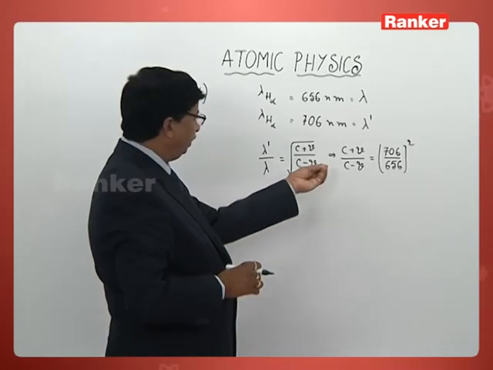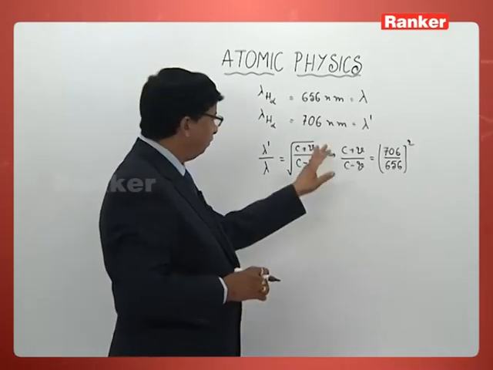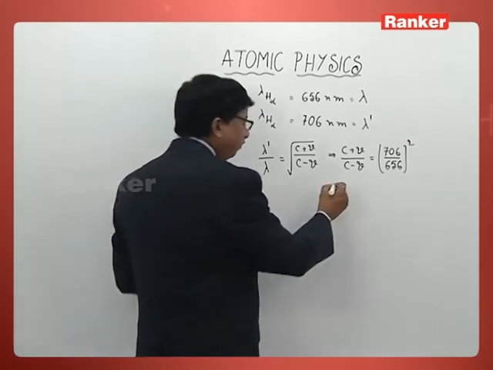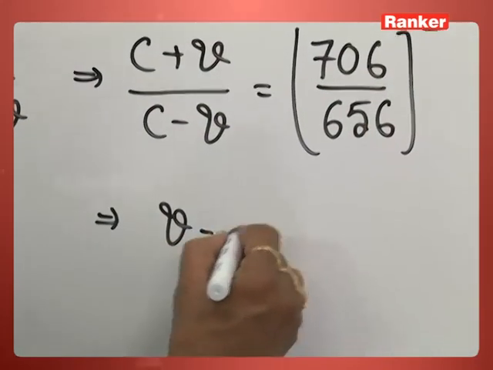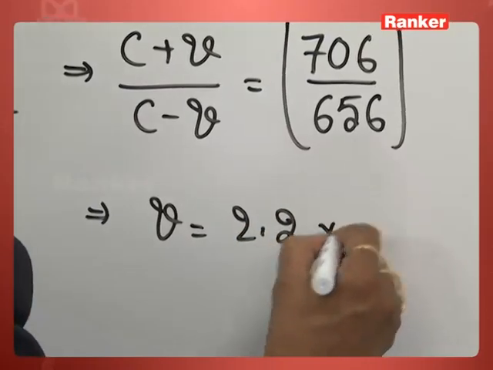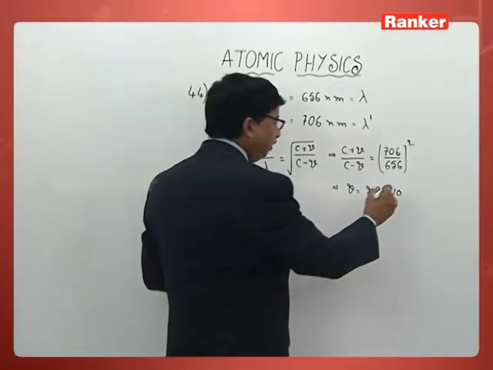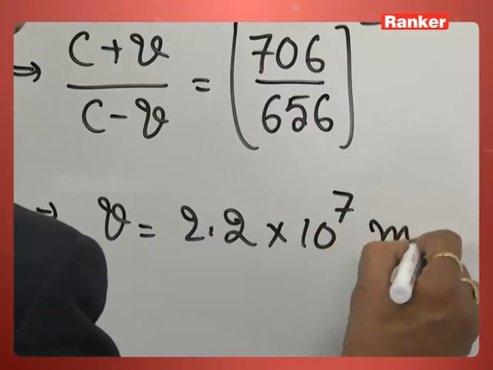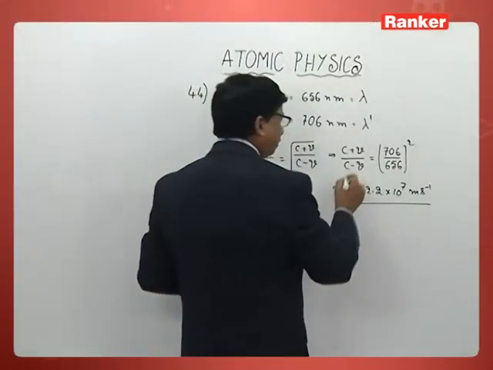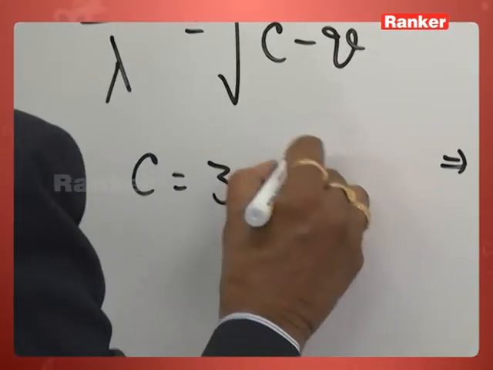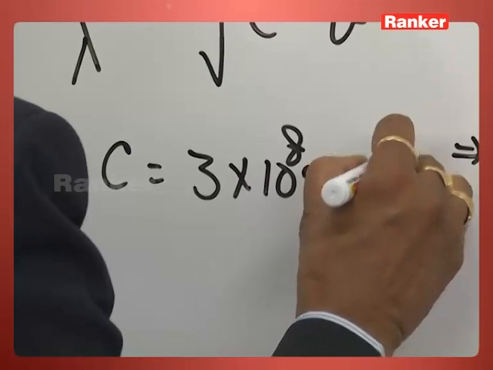Now, just by taking this value and simplifying for v, you will directly get v equal to around 2.2 into 10 to the power 7 meter per second. And observe what the c value is here. c is 3 into 10 to the power 8 meter per second as such.